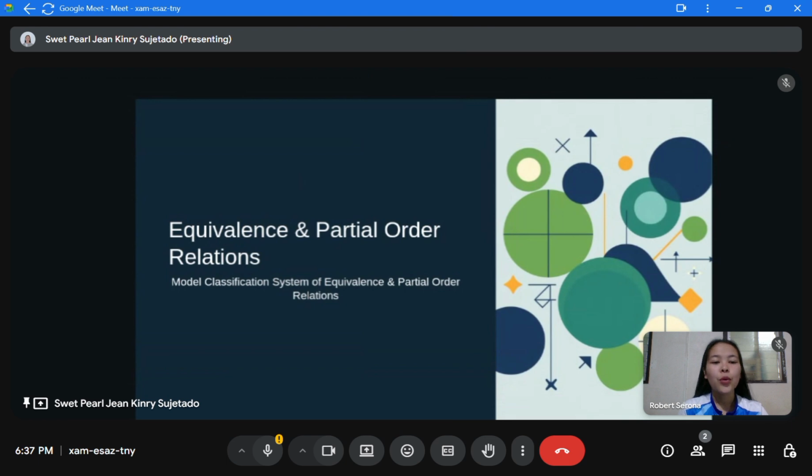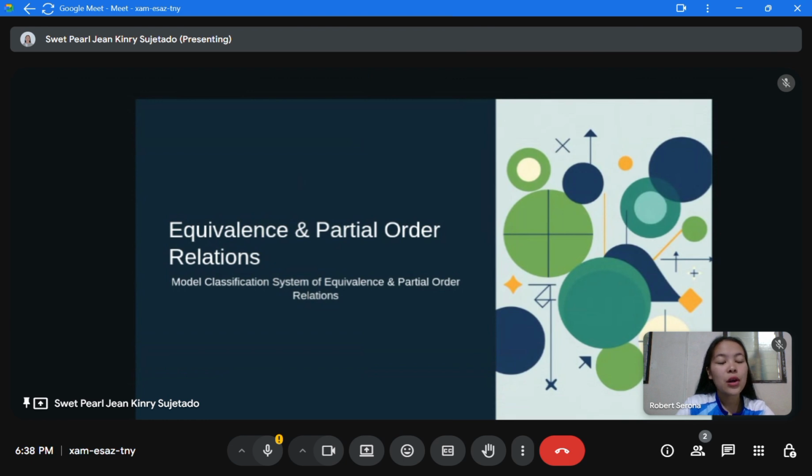Today, we're going to explore something that might sound a bit technical at first. It's about equivalence relation and partial order relation. But don't worry, we'll use simple examples, visuals and real-life situations to understand them. These two ideas help us answer a simple question.